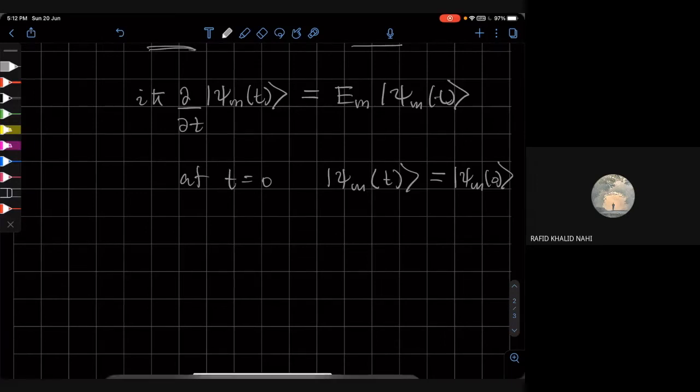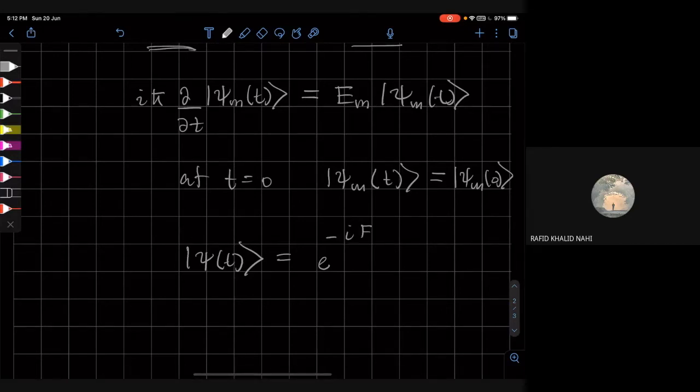It's just given by psi m of t equals e to the power minus i E_m t over h bar, times psi m of 0.